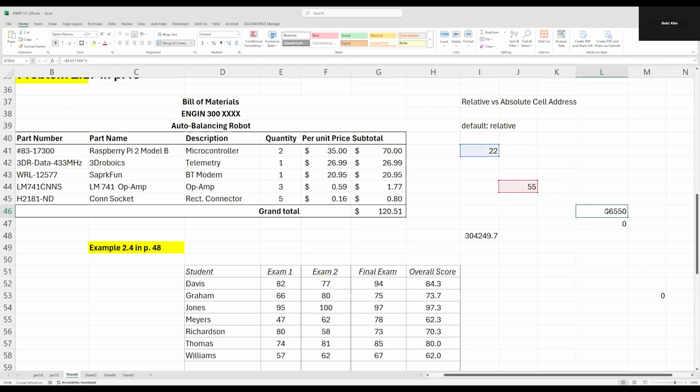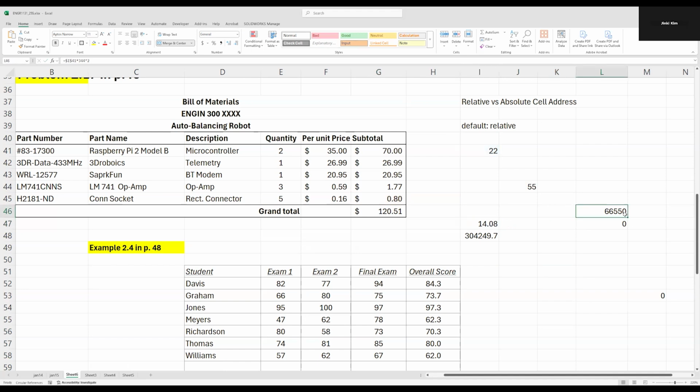So now if I copy this one and paste it here, and double click this guy, it's going to reference this cell. You see, it is referencing this cell because I locked the row and column numbers.